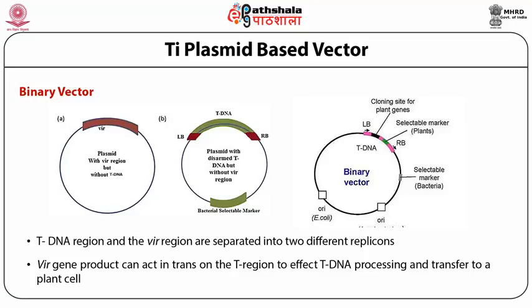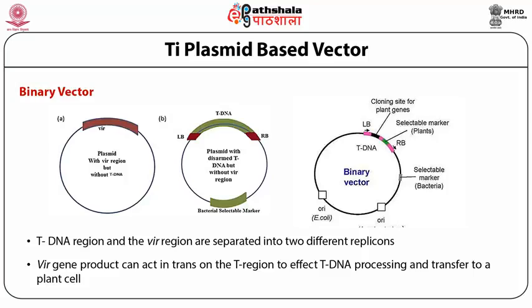All the genes which code for auxin production, cytokinin production, and opine compounds are deleted, and a multi-cloning site is suitably incorporated along with the plant selection marker. And this is flanked by the tDNA's natural right and left borders.